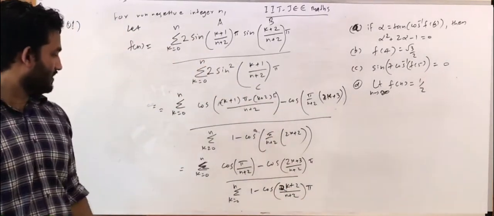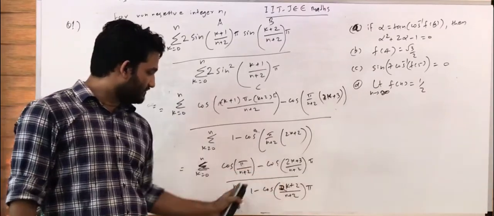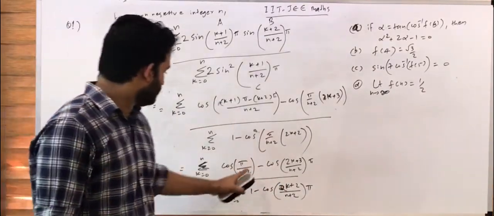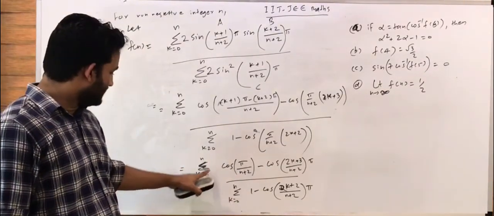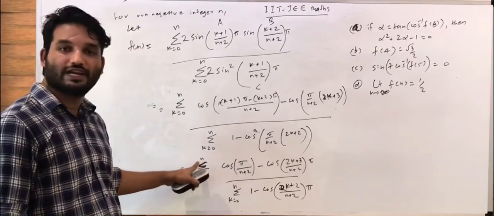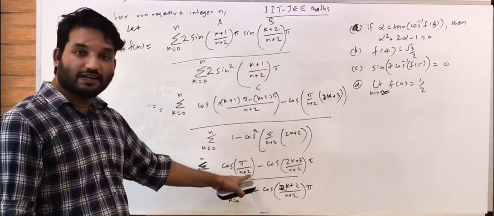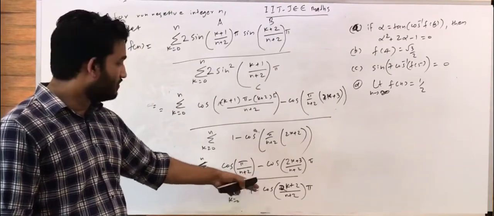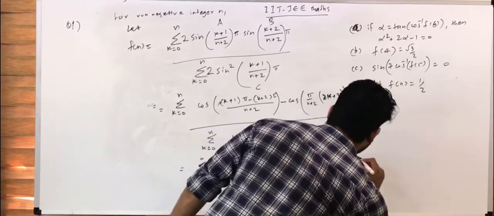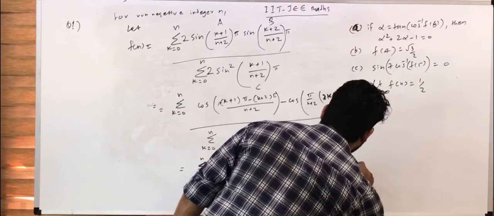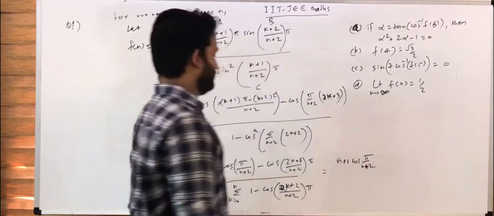Now we can apply the summation for each term separately. See, the first term is independent of k. So when we add the sum from 0 to n, how many terms are there? n plus 1 times. So n plus 1 times cos of pi by n plus 2, that is n plus 1 cos of pi divided by n plus 2 we get.